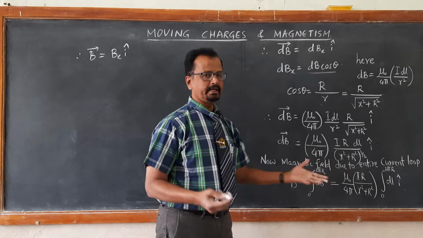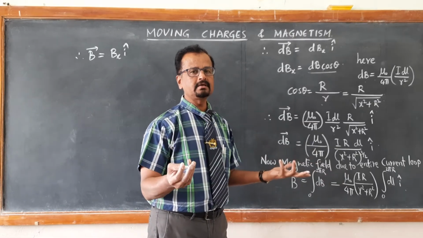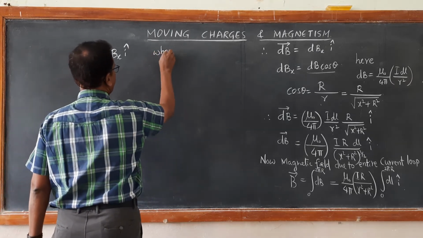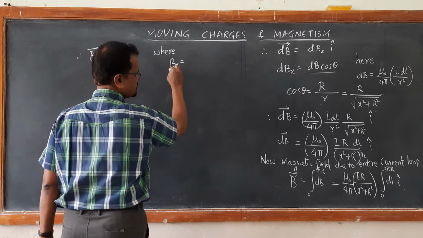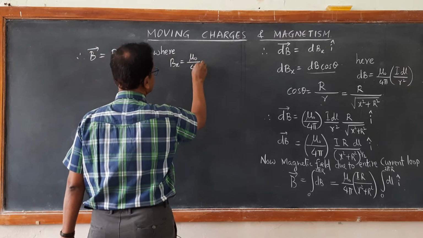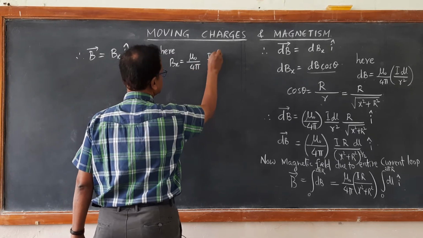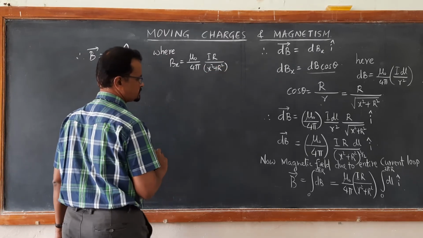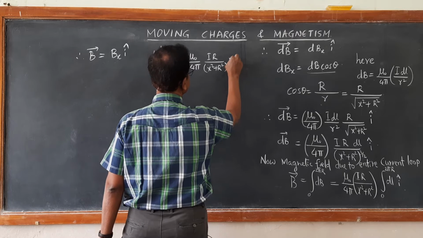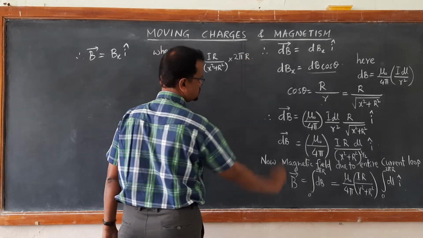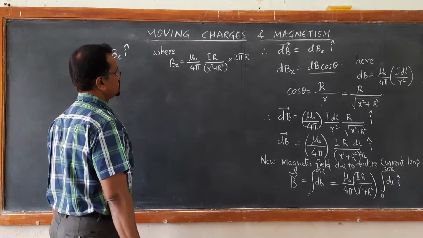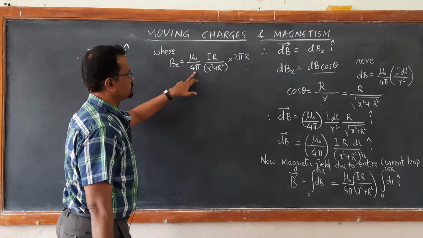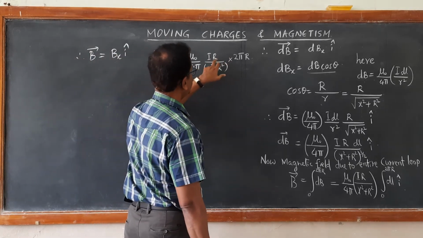Integration of dl from 0 to 2 pi R gives you the total length of the circumference, which is nothing but 2 pi R. So I can write Bx as mu naught upon 4 pi into I R upon x square plus R square, into 2 pi R. Now 2 pi, 2 pi cancels here, you are left with mu naught upon 2. So here you are left with I R square.